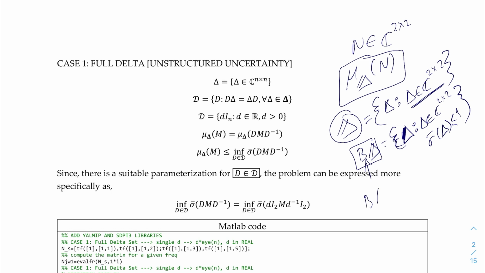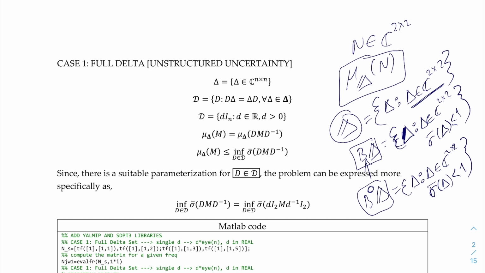And sometimes you have exactly the same thing, but you have O, as in open. Here again, delta is in complex 2 by 2, and norm is less than 1, okay?